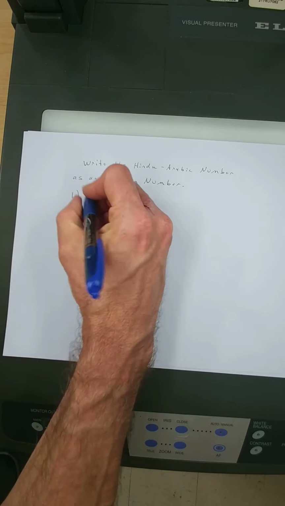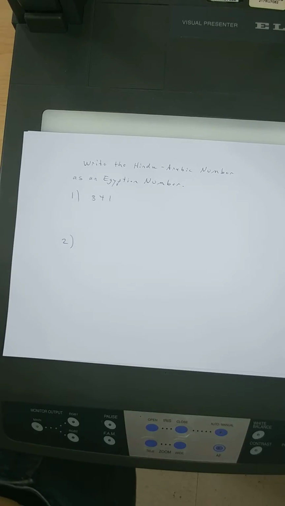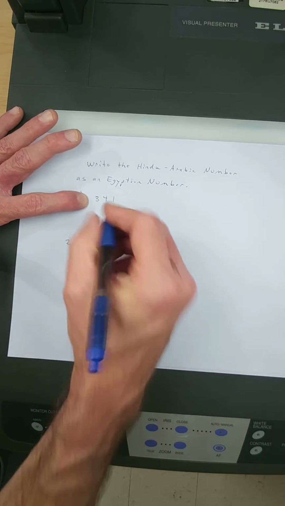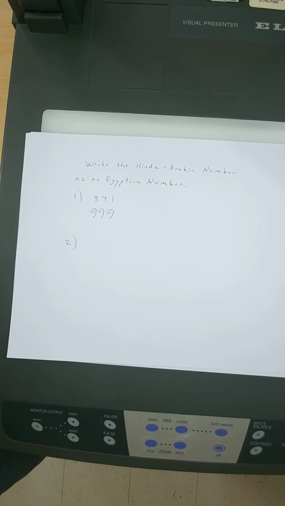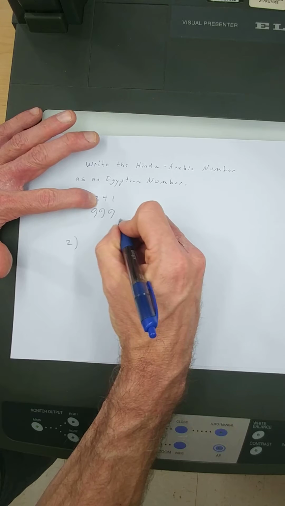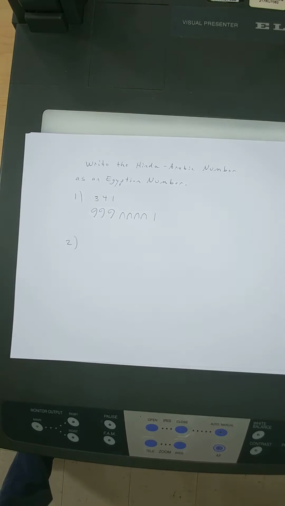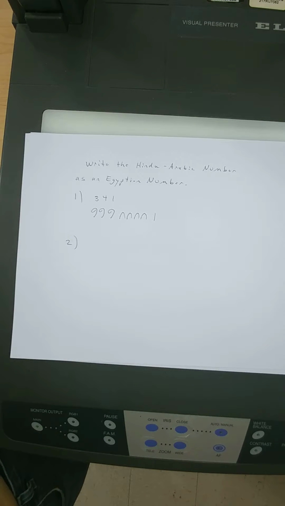So the first Hindu-Arabic number we'll do is 341. And again, this is really just doing a quick translation. Remember, 300 would just be 3 coils of rope. Then 40 would be 4 heel bones and then a strike. So coil of rope, coil of rope, coil of rope, heel bone, heel bone, heel bone, heel bone, strike.